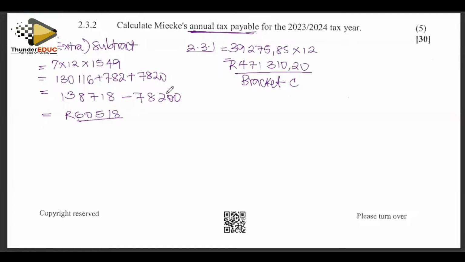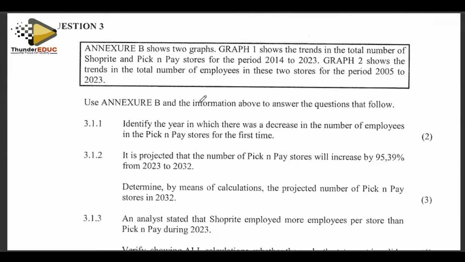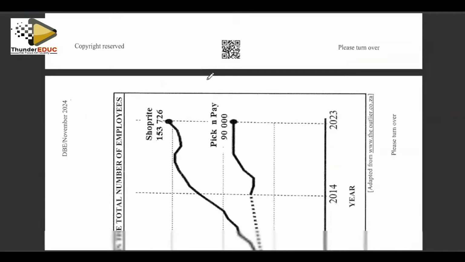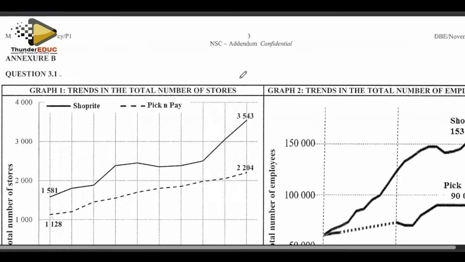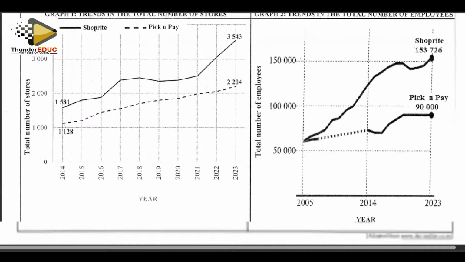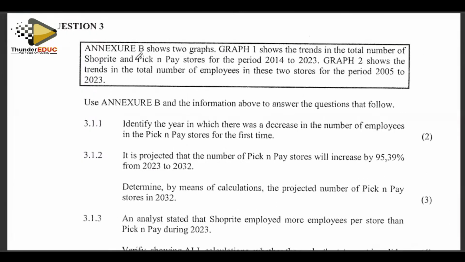Question number 3 carries data handling. All right, let's look at question number 3. Use Annexure B. Annexure B shows two graphs.